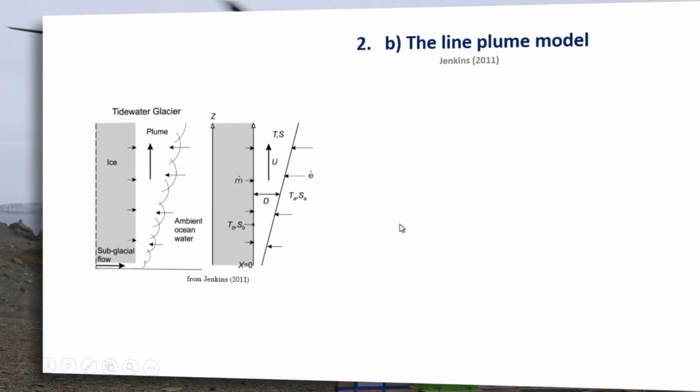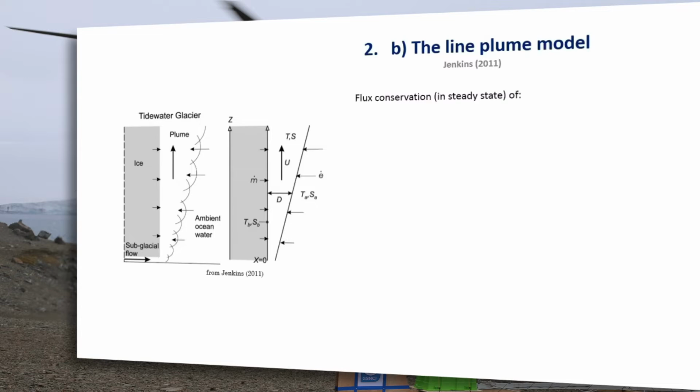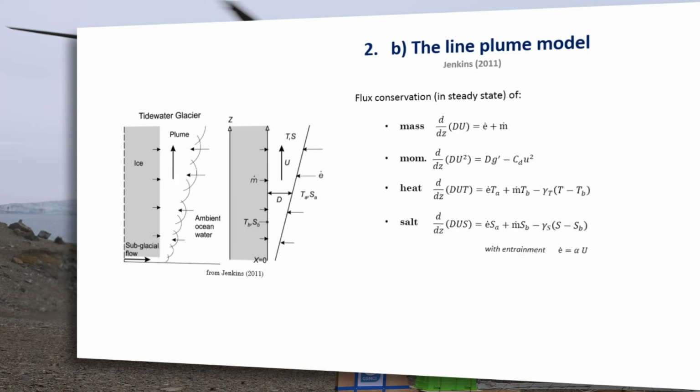The line plume model is steady in time, and the only independent variable for tidewater glaciers is the vertical dimension, so it is strictly a one-dimensional model that considers constant plume properties along the plume thickness. The evolution of the plume properties along the vertical tidewater face is described by 4 ordinary differential equations describing the flux conservation of mass, momentum, heat, and salt.